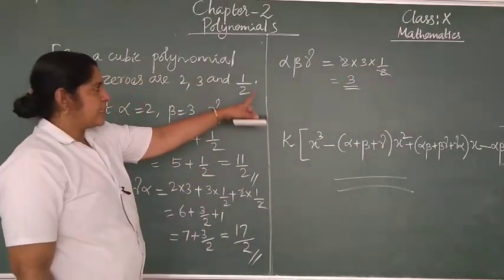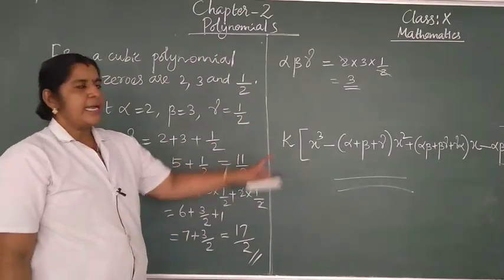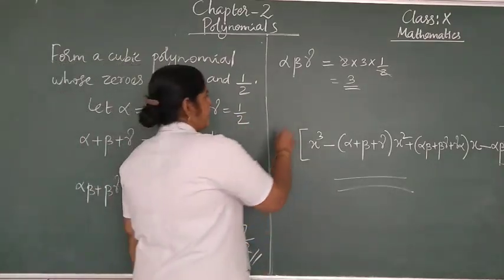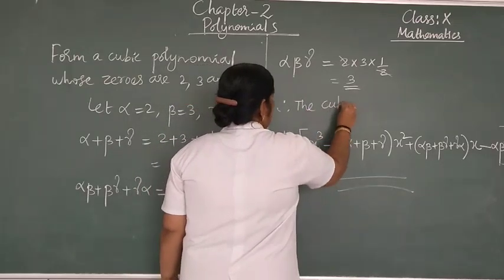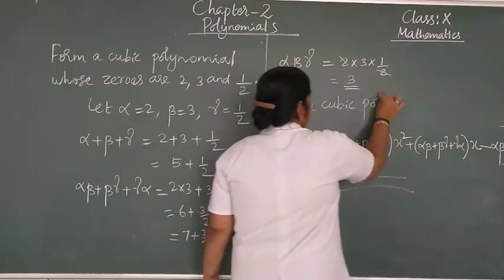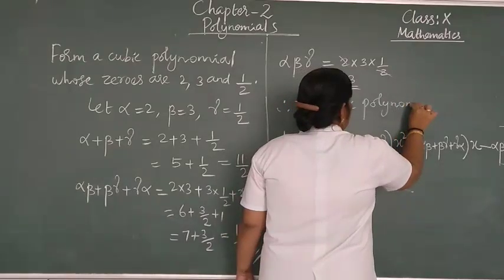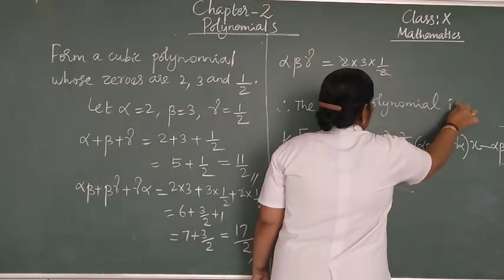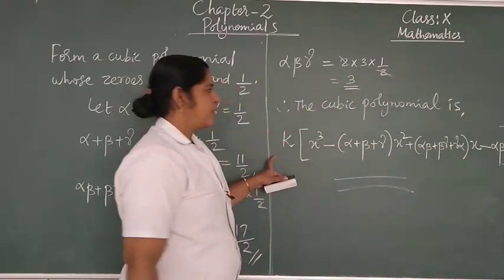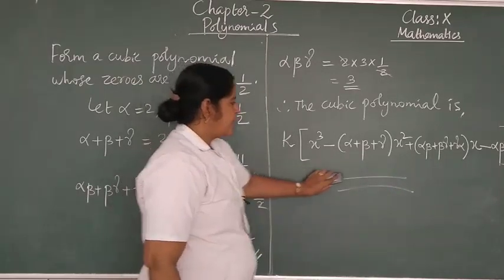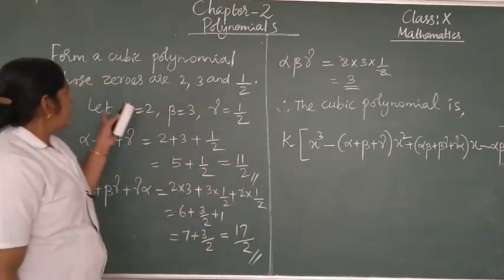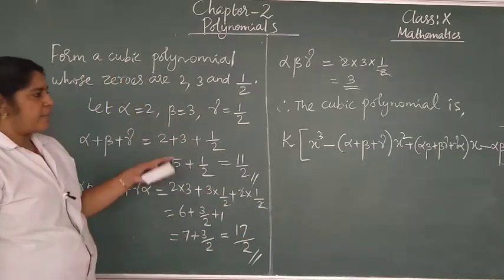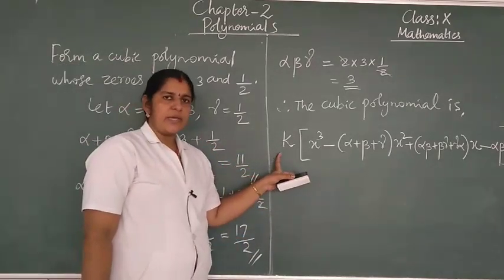Now we need to substitute all these values in the general form. Therefore, the cubic polynomial is, okay, we need to write the general form, and because we are asked only for one cubic polynomial, we can assume k value equal to 1.